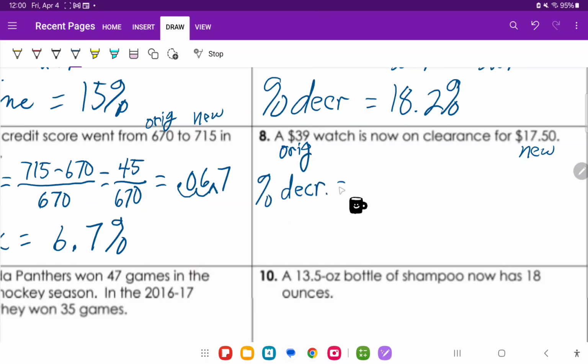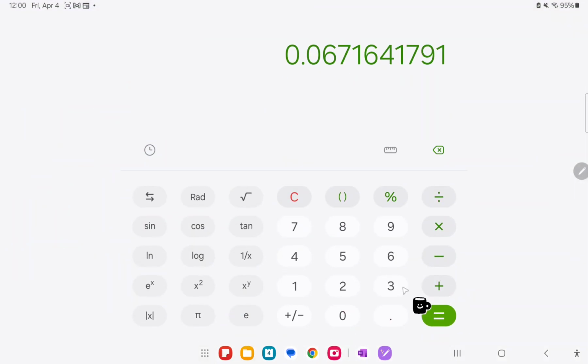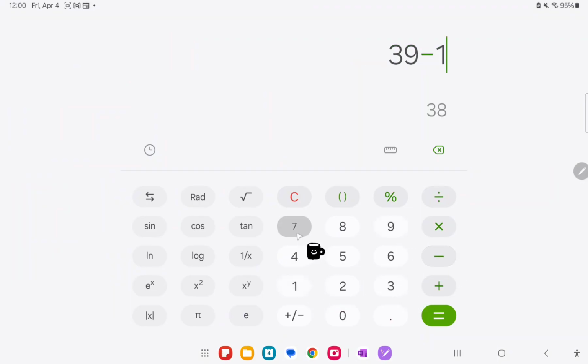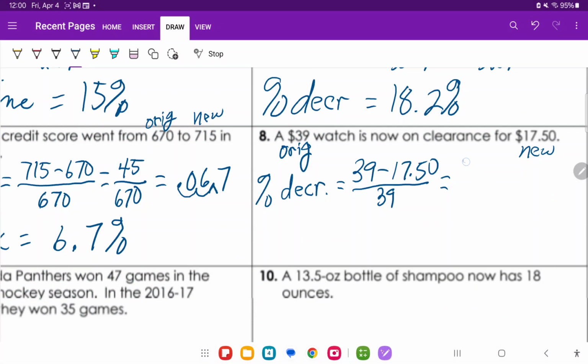All right. So we always take the big number minus the smaller one. And then the original number always goes on the bottom. So 39 minus 17.50, that is 21.50. So that's $21.50. And then divided by the original, which is 39.